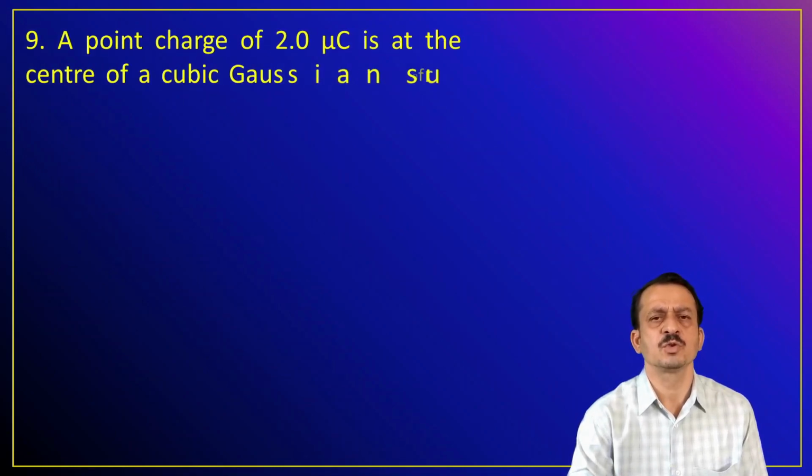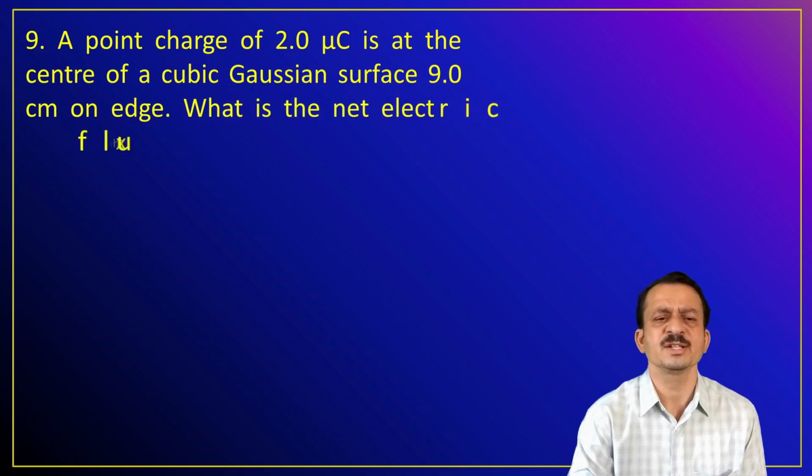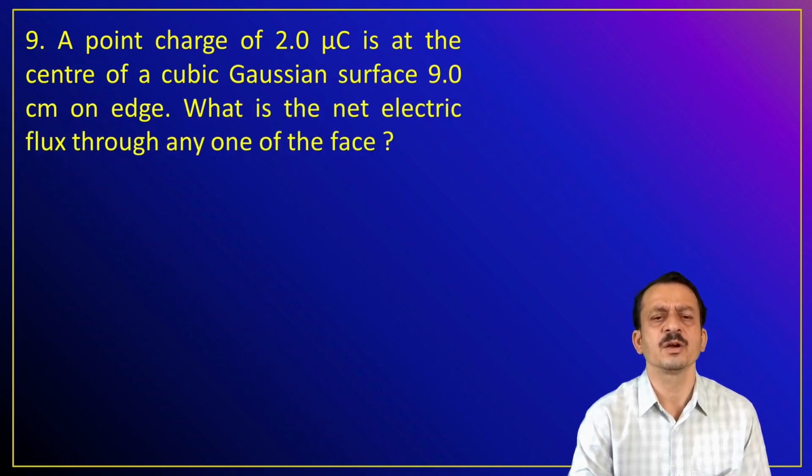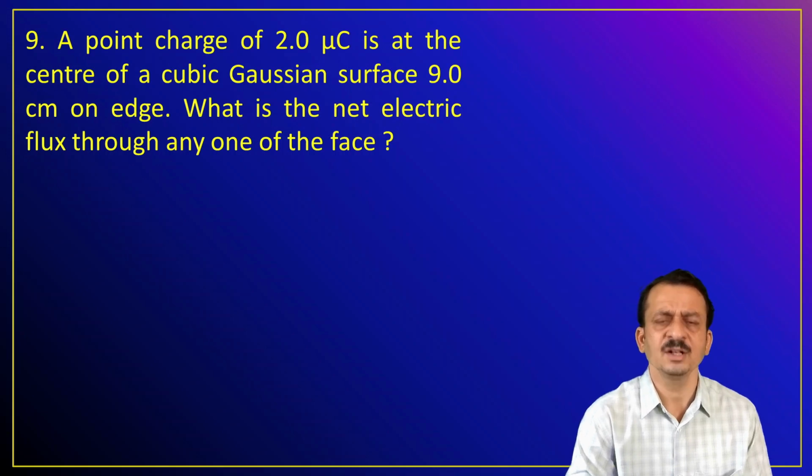Next problem, 9th one. A point charge of 2 microcoulomb is at the center of a cubic Gaussian surface 9 cm on edge. What is the net electric flux through any one of the faces? Now here a cubic Gaussian surface is given.